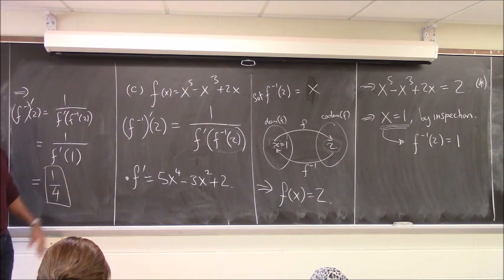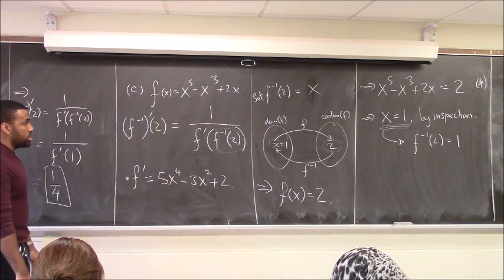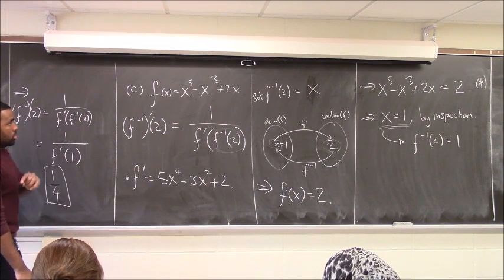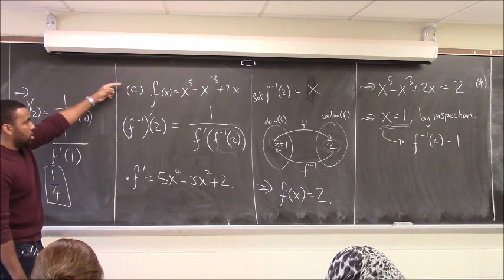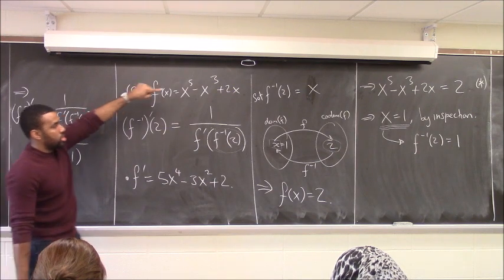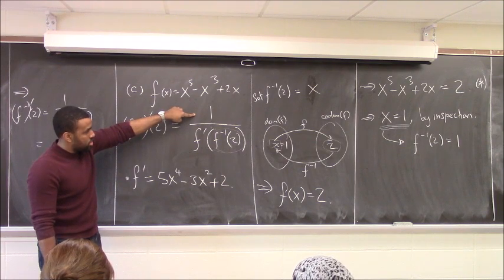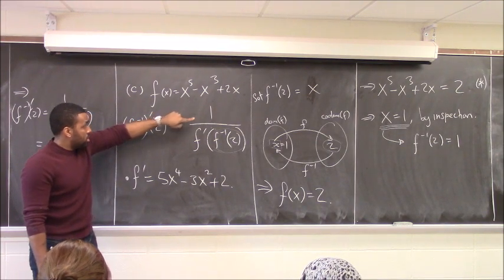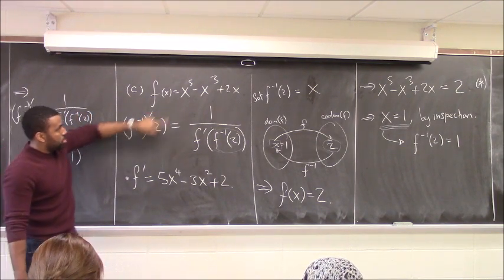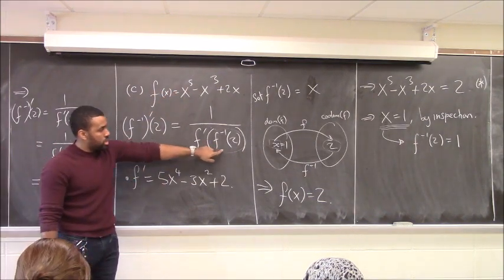So this is a very typical problem for a quiz or a test with this topic. You're going to be given a function, and asked to find the derivative of its inverse at some specific point. It starts out with this formula. What you're going to do is simply find the pieces to plug into this formula. Finding the derivative is the first step, which is just going to differentiate the original function. You need to figure out what should be plugged into that thing.